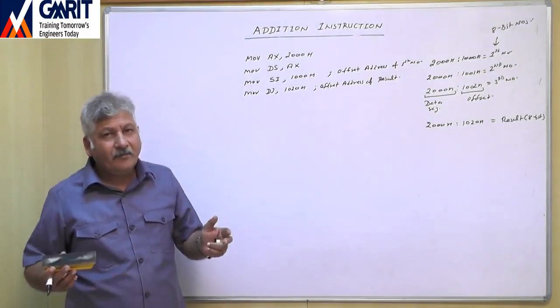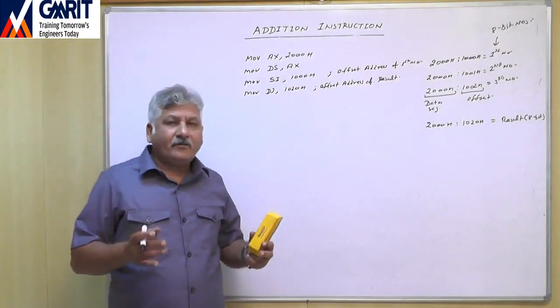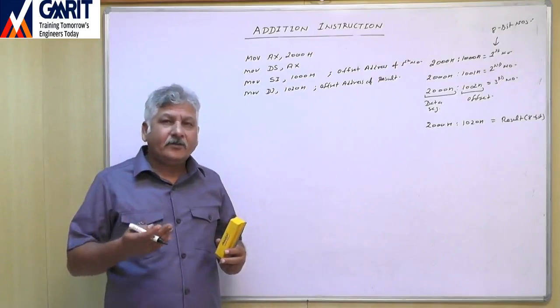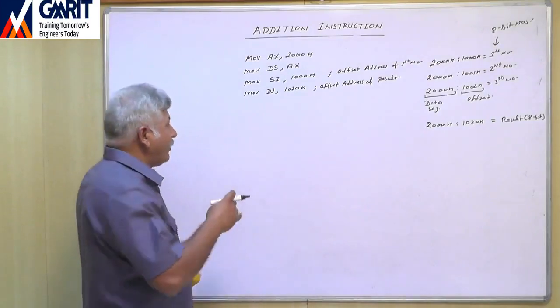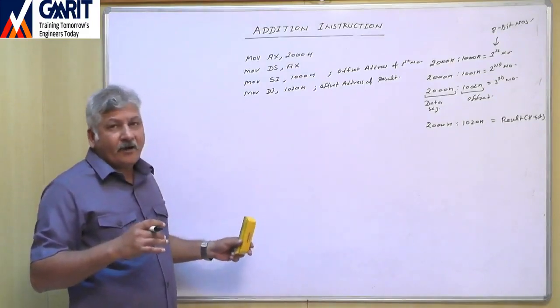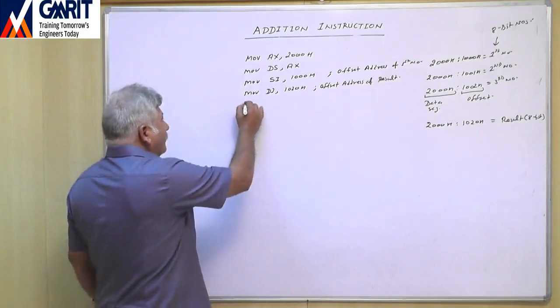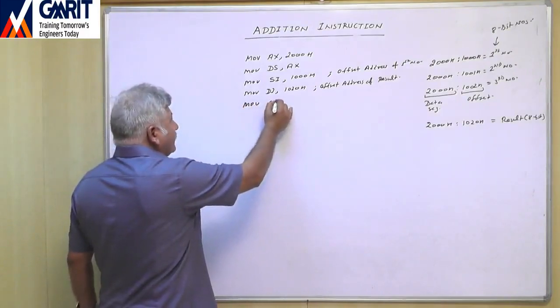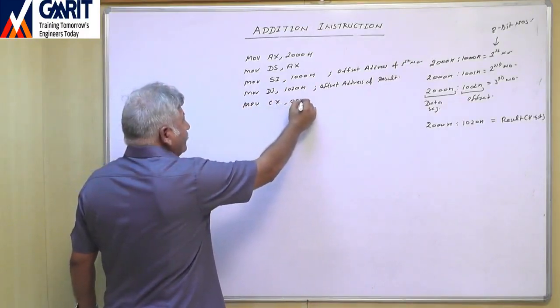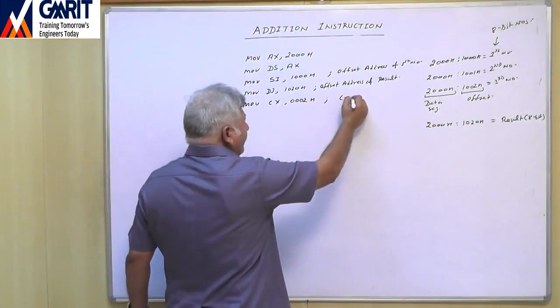So if we are adding 3 numbers, then value of counter will be 2. If we will add 10 8-bit numbers, then I will use counter 9. So for counter I will use register CX because in future I am going to use instruction loop. So here move CX comma 0002H. So this is counter.